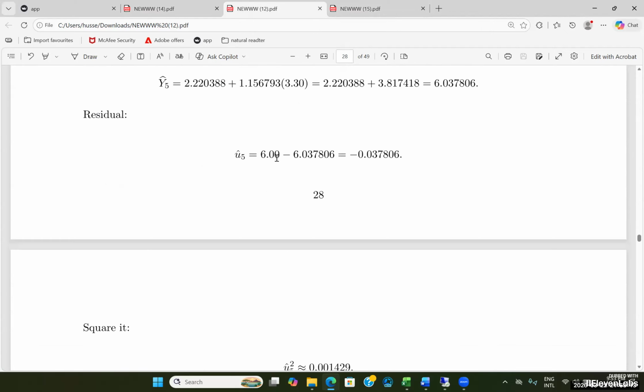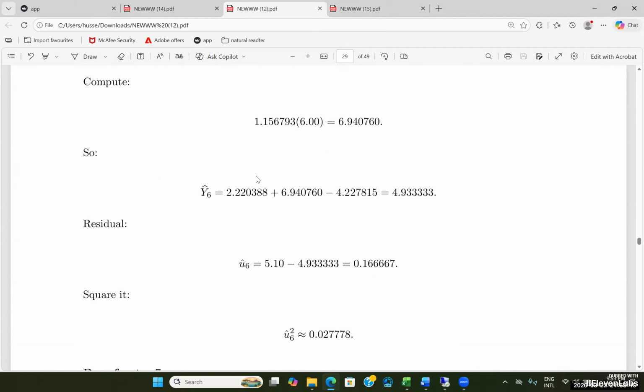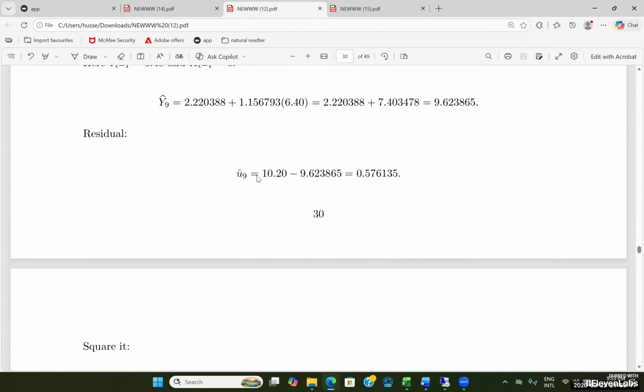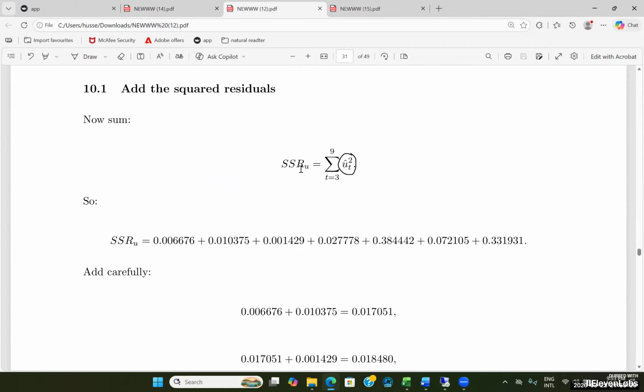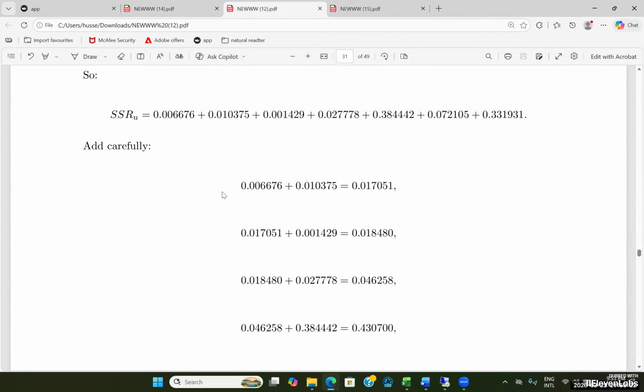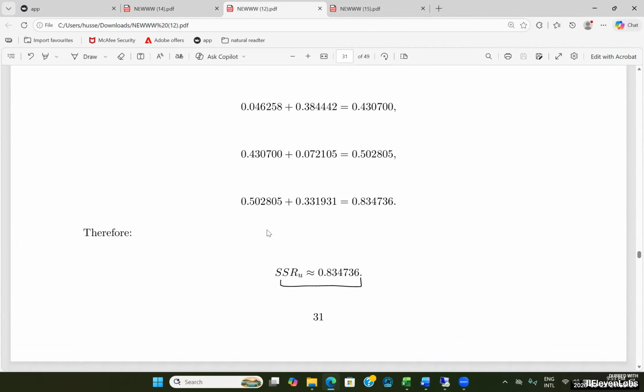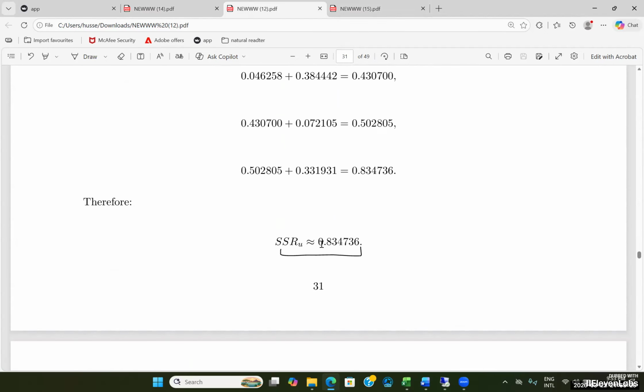We are carrying out that particular task right here. Then we take the error and square its value, and then we proceed to sum all of them together. Therefore, the sum of the squared residuals from the unrestricted model, meaning the model where we included an additional regressor, is 0.8.